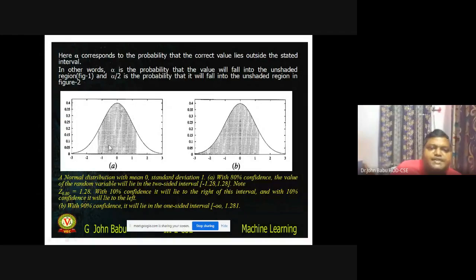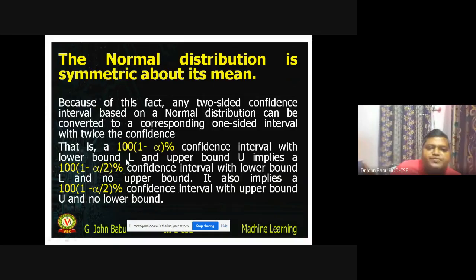For two-sided, what is the confidence value? That is 90% or 80% or 100%. And what is alpha value? What is alpha? Significance.